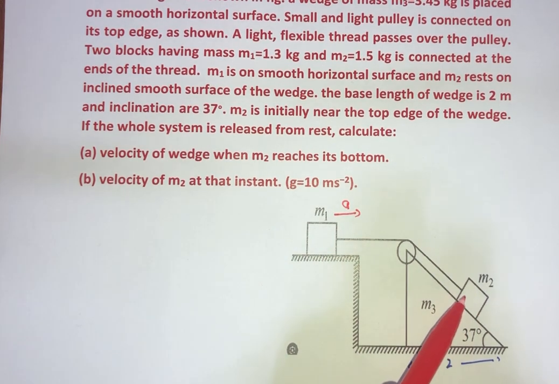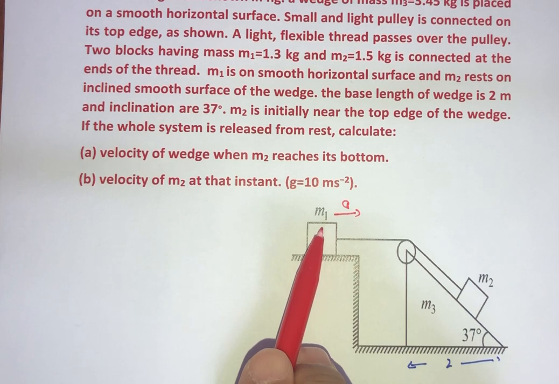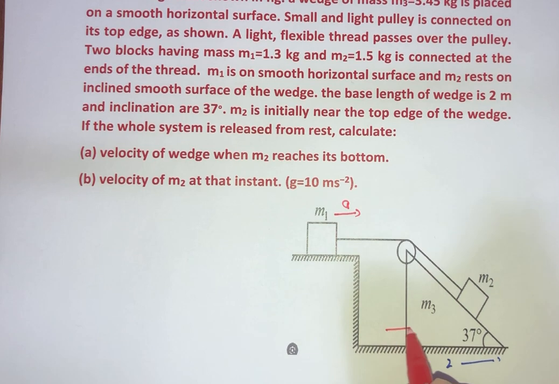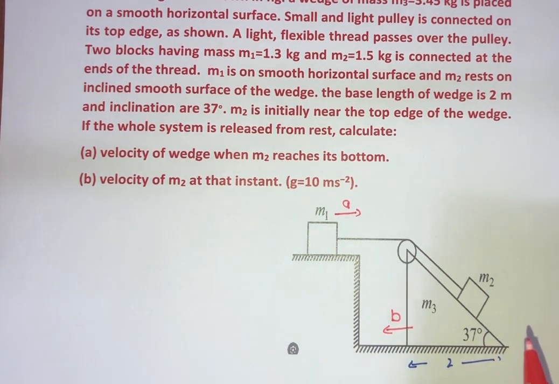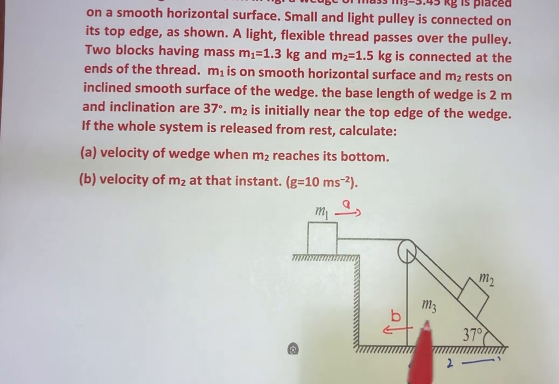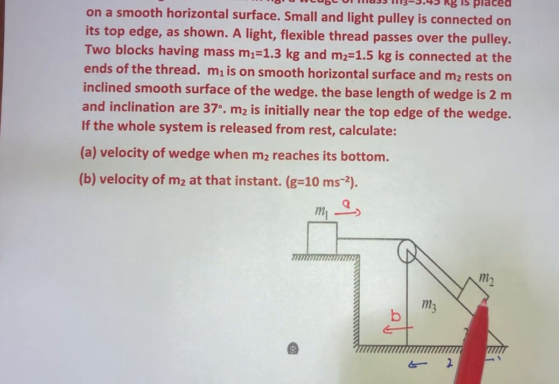M2 will be moving downward, and because of the combination of movement of M1 and M2, this wedge M3 will be moving towards left, let us suppose, by acceleration of B. And we are supposed to find out first of all what will be the acceleration with which this M2 will be moving.